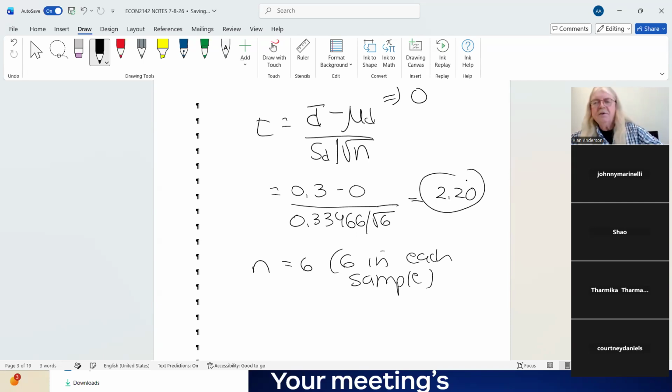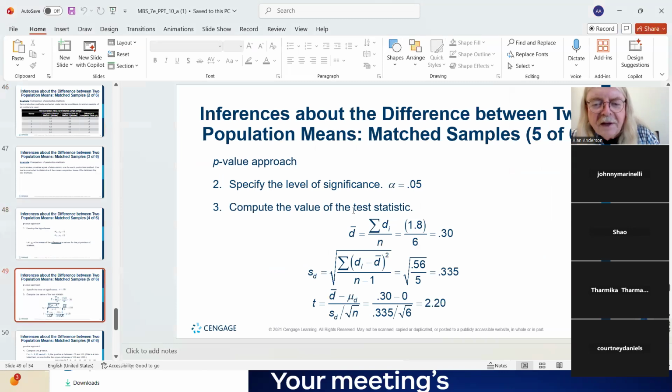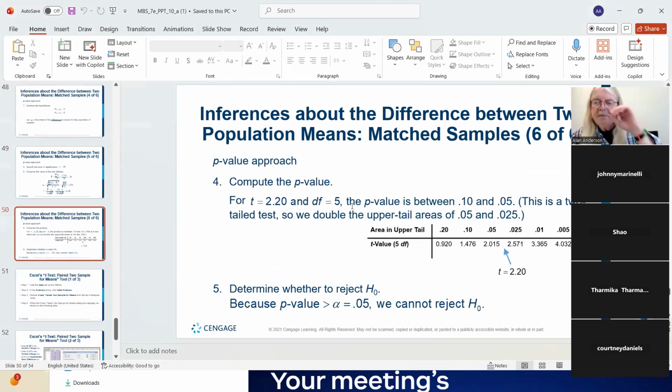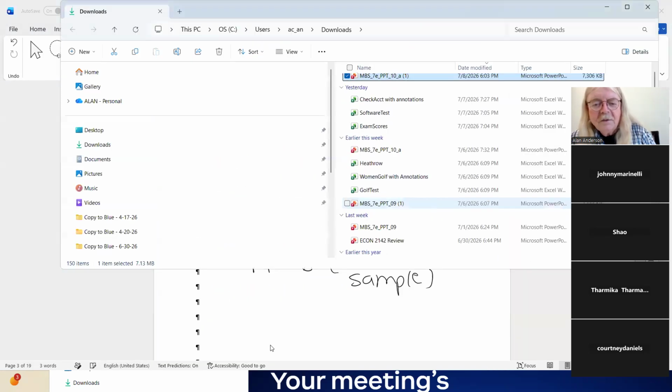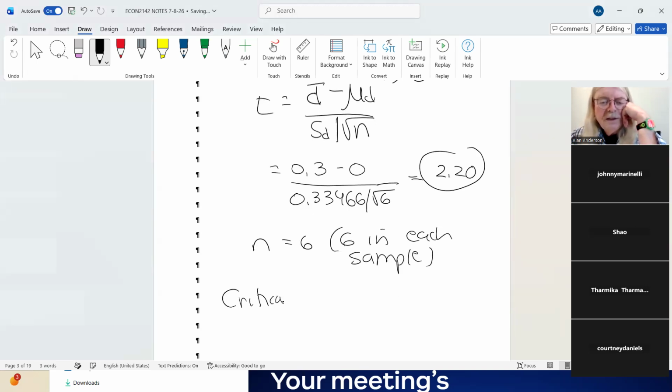We usually round that to two digits. And then, of course, we can do one of two things with that. We can find the p-value, or we can look up the critical values. Now, they didn't do that. Let's do that for ourselves. Let's start with the critical values.